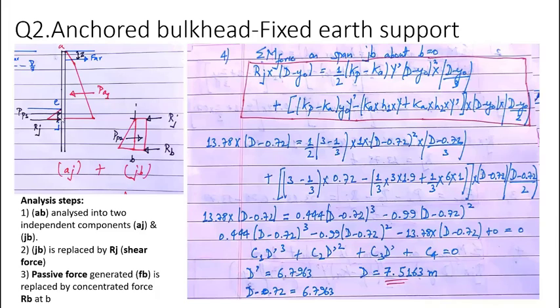So now we will find the moment of forces on the span GB about the base of the sheet pile wall. So this becomes RJ into D minus Y0, because this is the lever arm and this is the shear force. Then these two are the triangular component of earth pressure and the rectangular component.